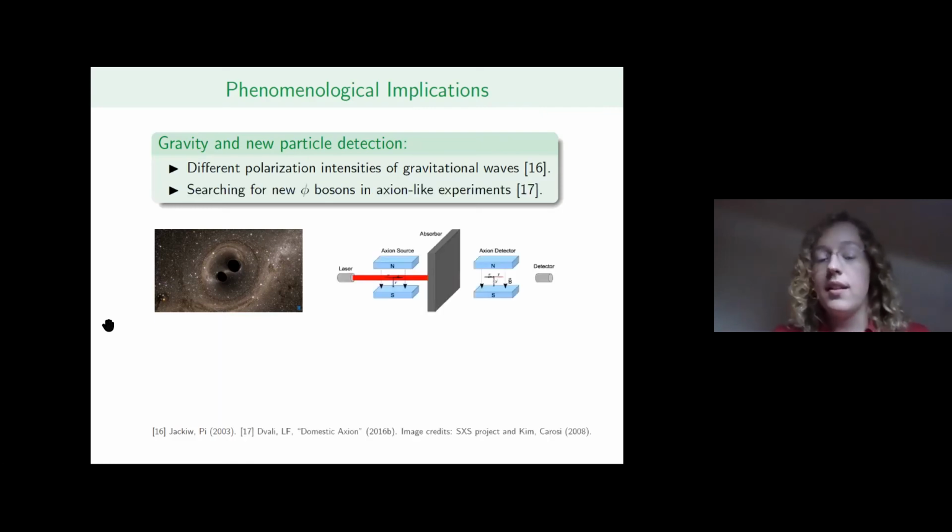One aspect that is actually relevant for current experiments or the next generation of experiments is the fact that these Goldstone bosons, these phi bosons, can couple to photons via an intermediate electron loop. These phi bosons are connected to electrons through this non-perturbative gravitational vertex, which is very strongly suppressed.